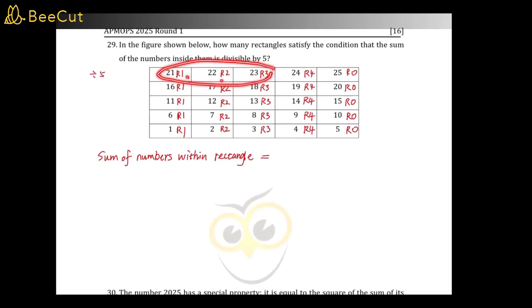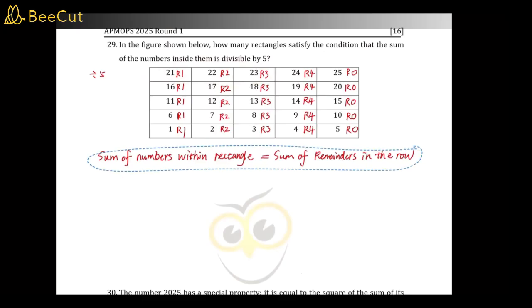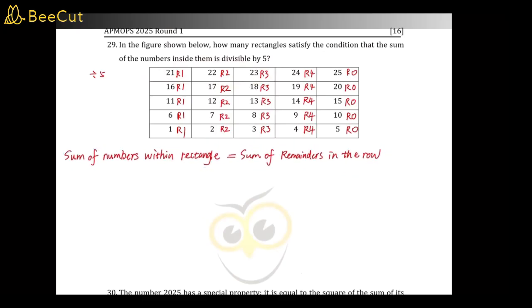Right? So sum of the remainders in the row times the number of rows. Right? So if you choose 2 rows, the sum of remainder times 2. If you choose 3 rows, the sum of remainder times 3.